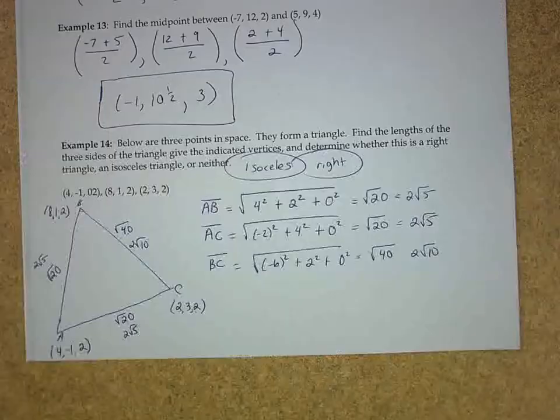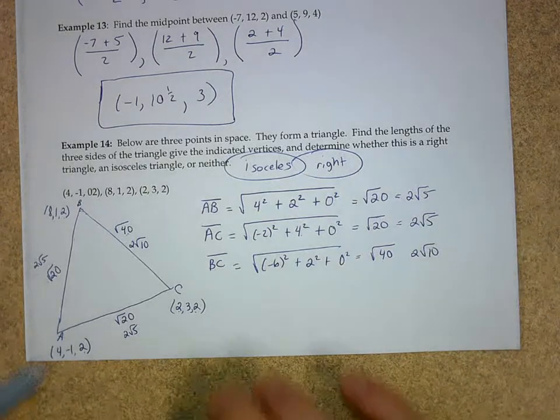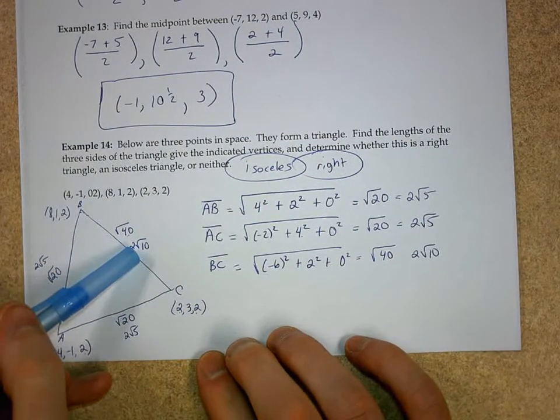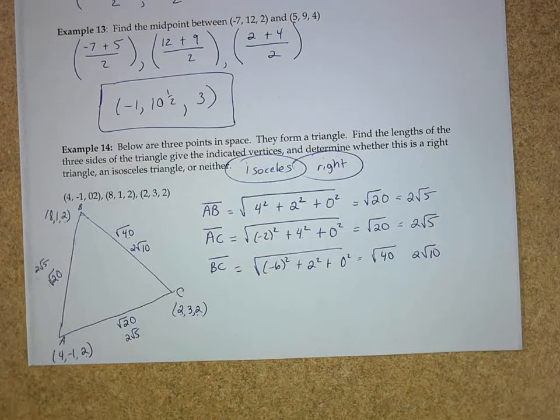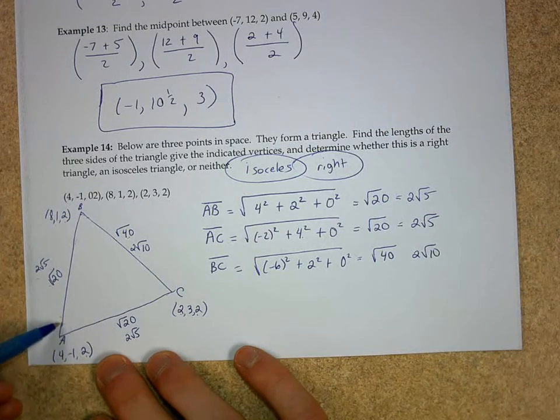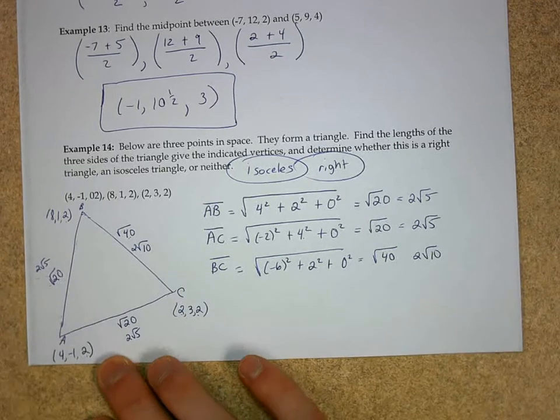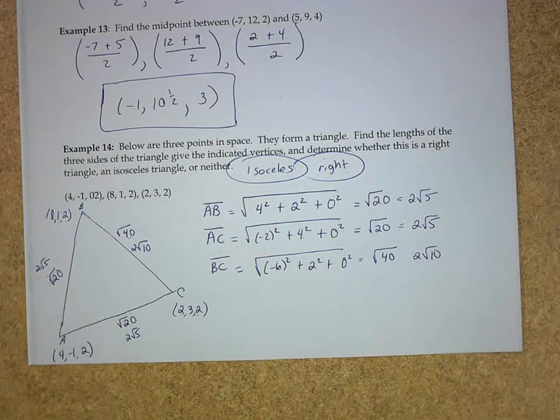Specifically a 45-45-90 triangle, where these two legs are the same and the hypotenuse is square root of 2 times the legs. So if this picture were drawn accurately, it would actually be a right angle right here at A, it would be a 90-degree angle. Both of these legs being the same, and then this side here is square root of 2 times the legs, which means I've got the right triangle formula right there.